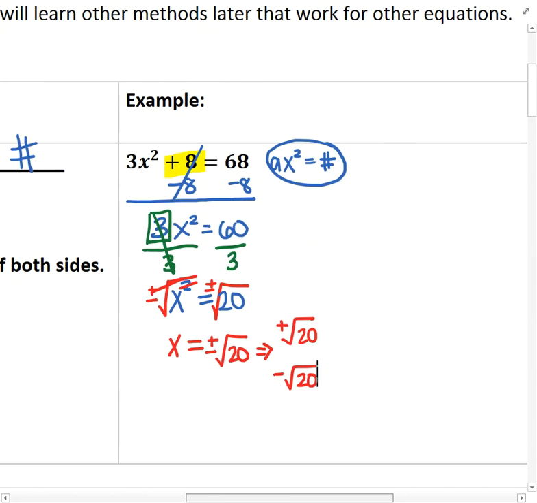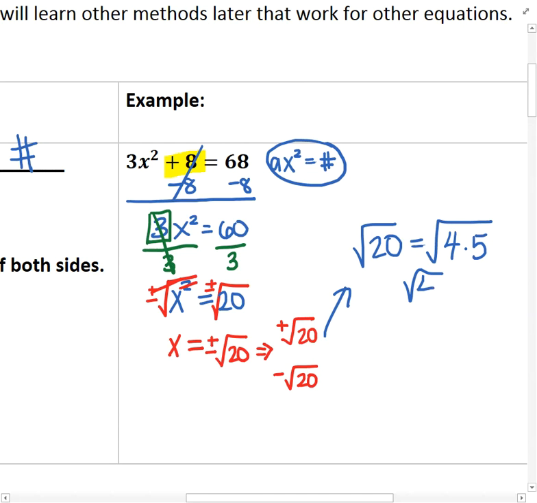All right, so let's review how to simplify a square root. So let's go up here. The square root of 20, we're just going to do one of them for right now. 20 is 4 times 5. So we can break that up as the square root of 4 times the square root of 5. Now 20 is other things like 2 times 10, but I'm specifically picking 4 and 5 because 4 is a perfect square.